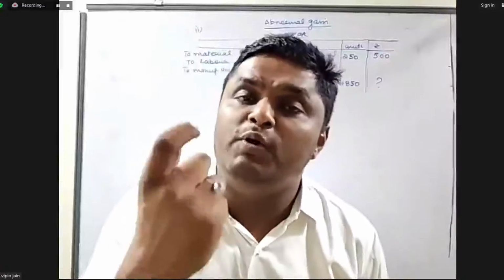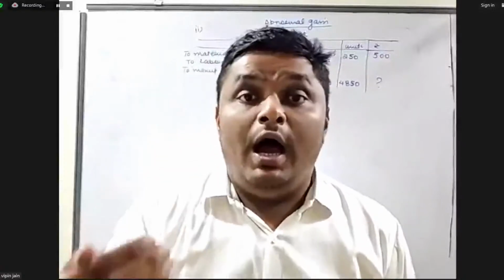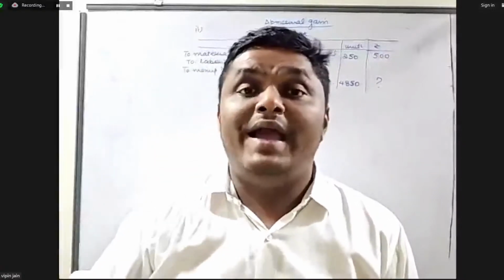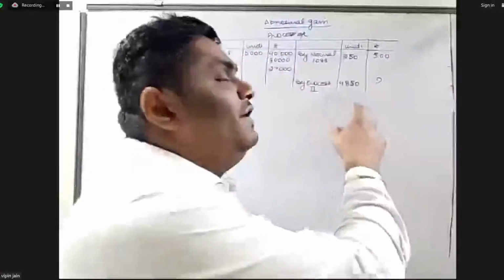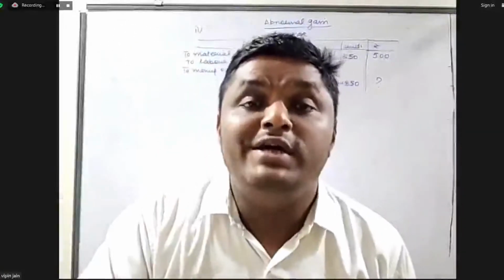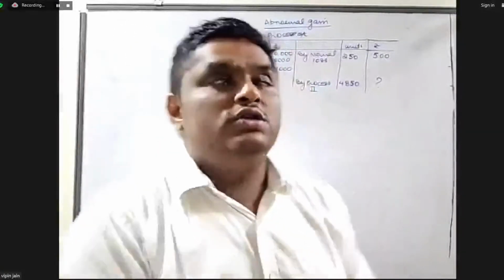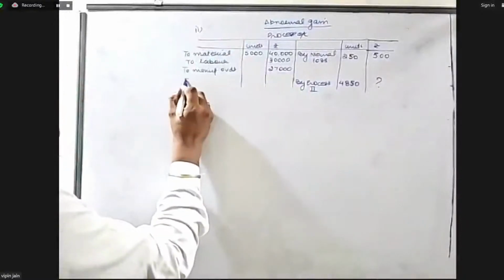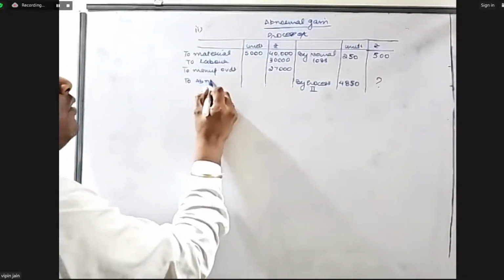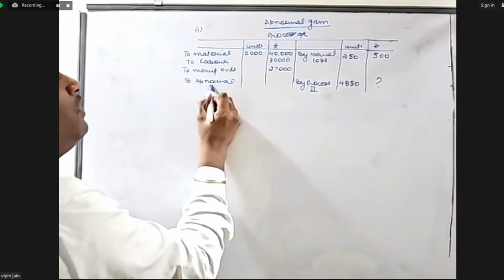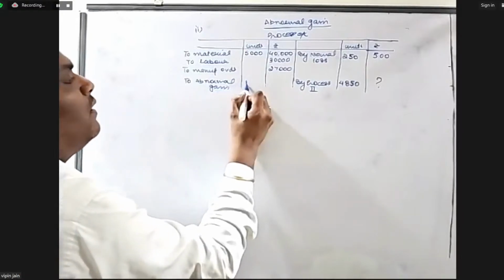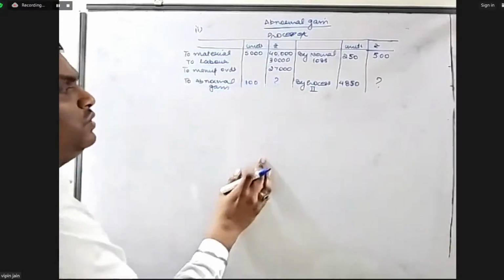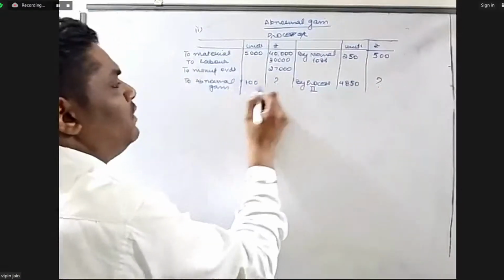What was my expected output? 4750 units. However, when the actual figures were out, my actual output is how much? 4850. That is 100 units more than what I expected. So these 100 units are my abnormal gain. So now these two values need to be calculated.